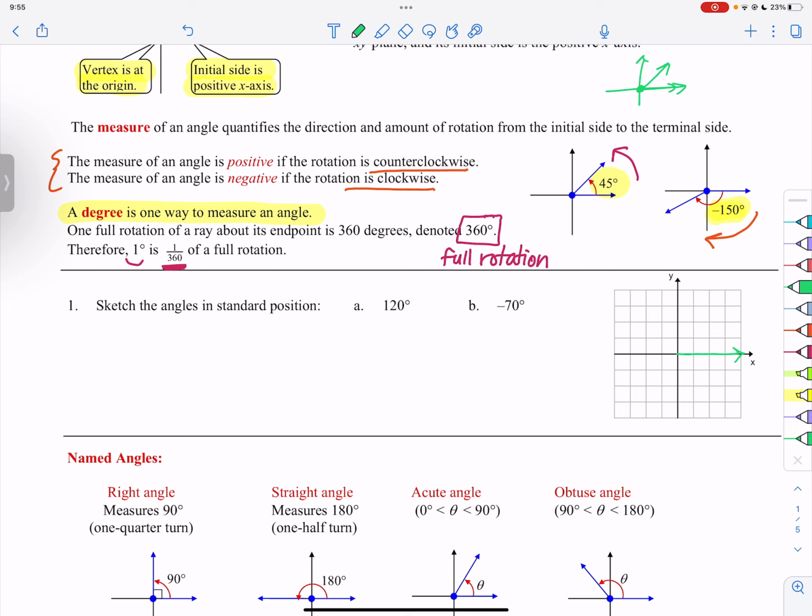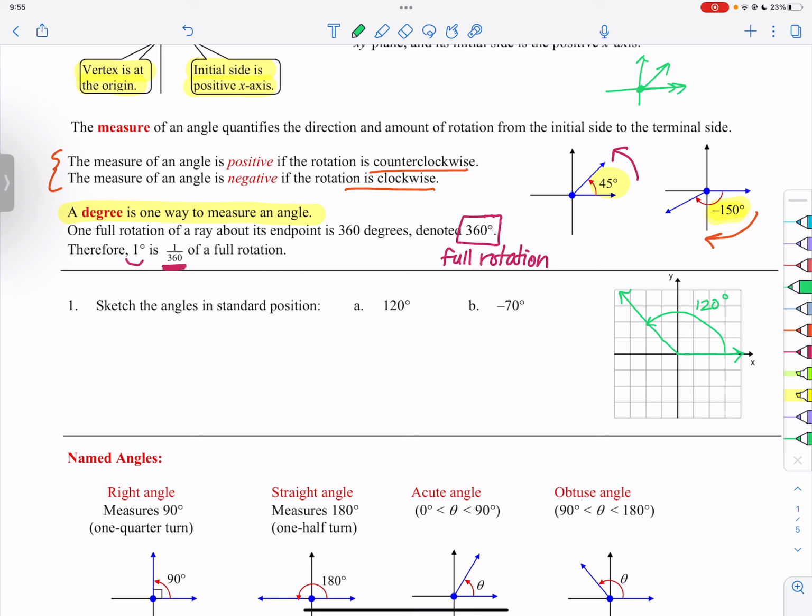Now, if this entire plane is 360, then 360 divided by 4 would be 90 degrees. Now, we need another 30 degrees, so we will actually continue on to here. And we could just go ahead and draw that, and we would write 120 degrees.